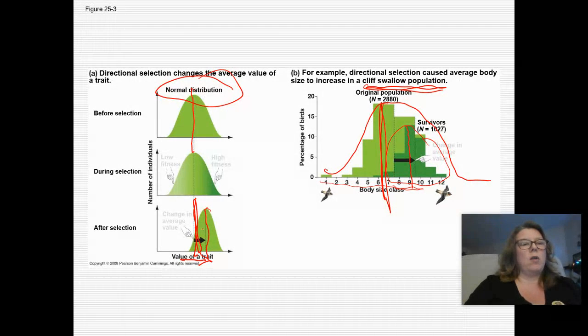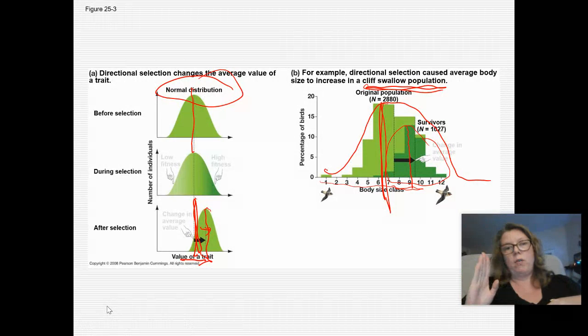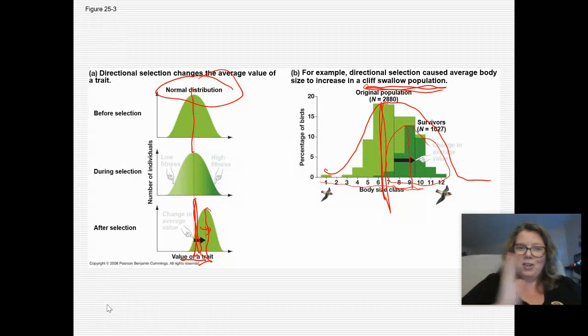It was here, now it's over slightly, right? That's what happens in directional selection. So for some reason, having a larger body size was advantageous in these cliff swallows. Maybe it helped them to evade predators better, right? Maybe females preferred the larger cliff swallow. Okay, so that's what directional selection looks like. You take a normal bell curve and you shift it over, actually. I keep forgetting I'm backward in the image, so you shift it over.